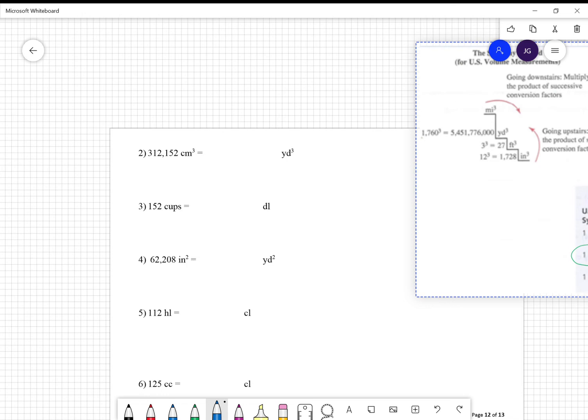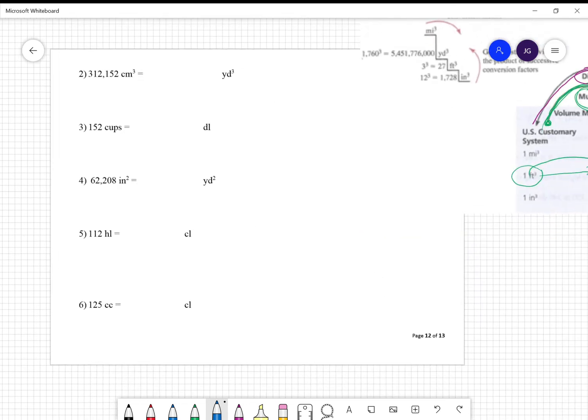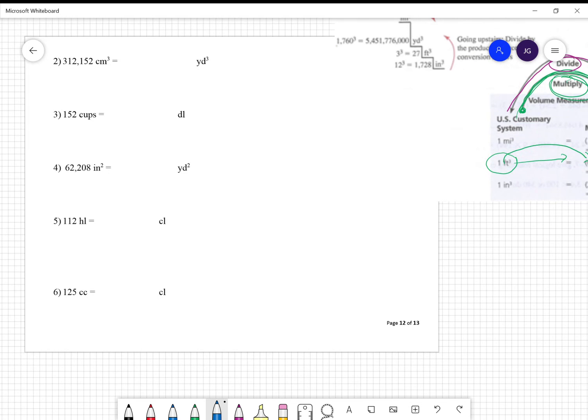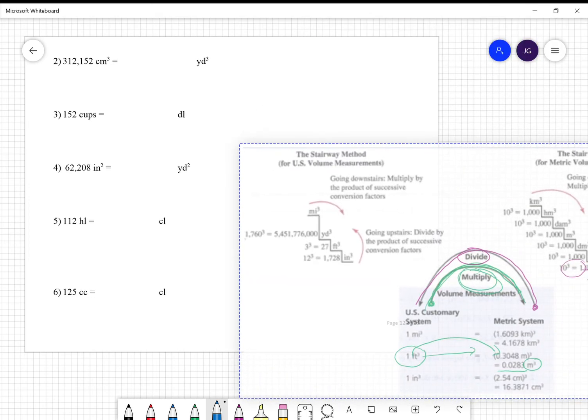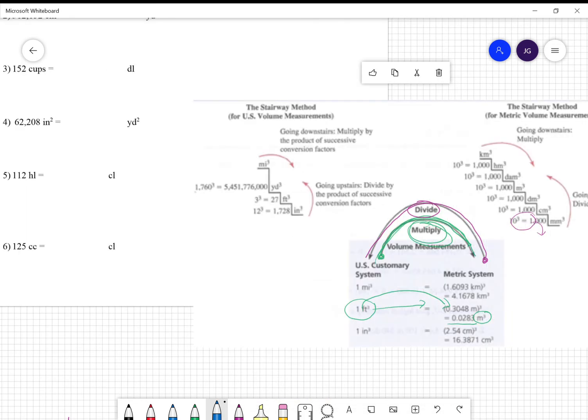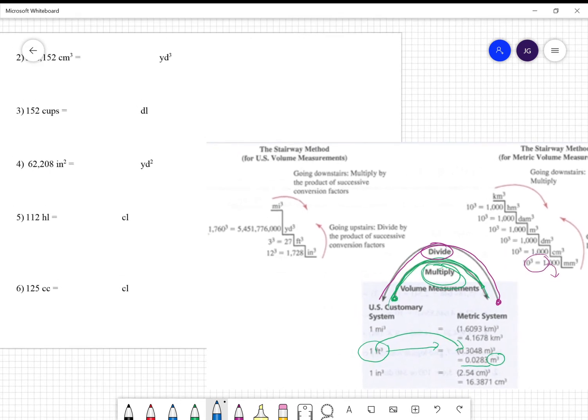312,152 cubic centimeters to cubic yards. Okay, so it's not area. I have the right one right here. I want my volume. Cubic centimeters to cubic yards. Cubic centimeters. Let me erase this, sorry. Cubic centimeters is right here.